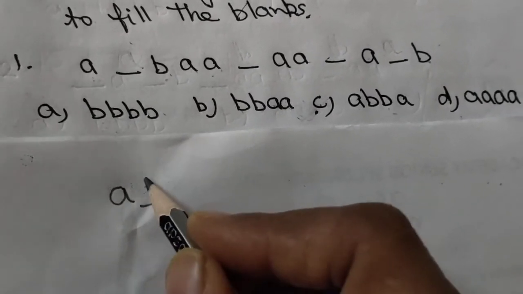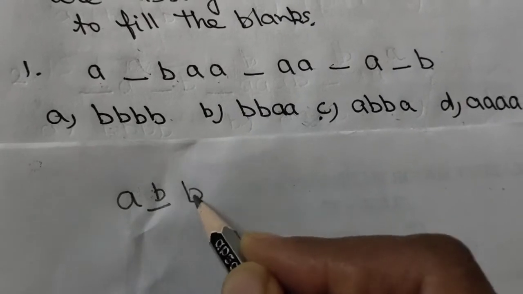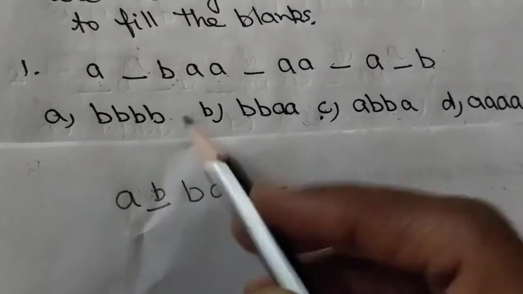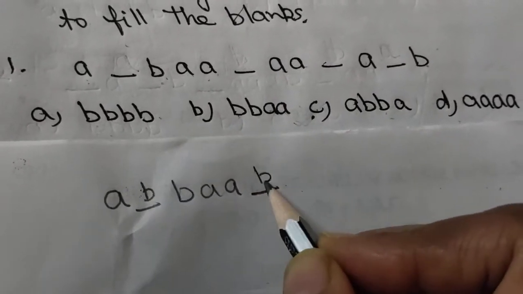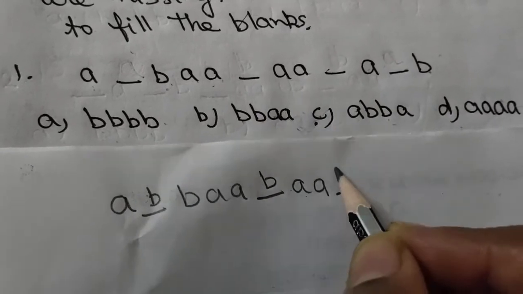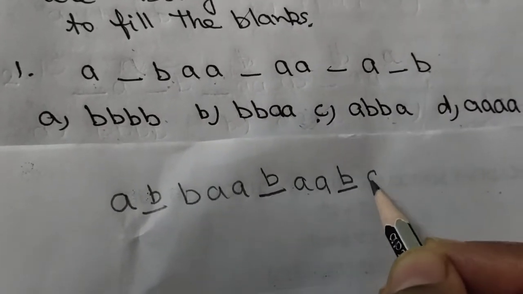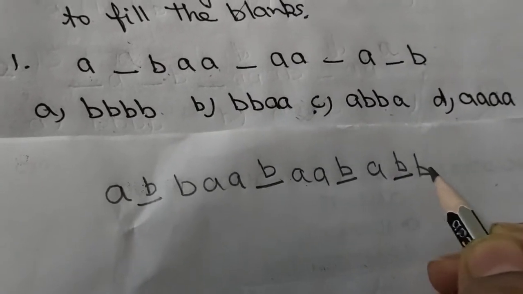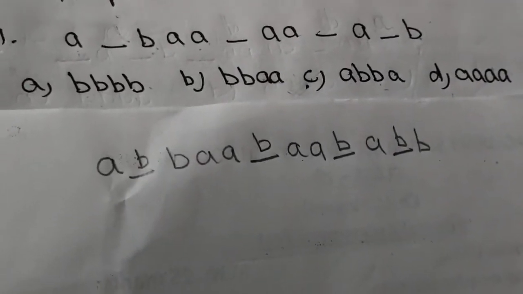In the blank, I am writing B, then A. Again there is a blank. If I use the first option, it will come here B, then A, then A. Again in the blank B, then A, then in the blank B, and then B. Here I have used the first option.